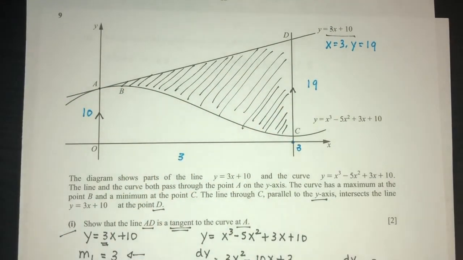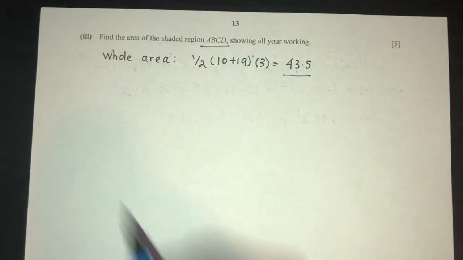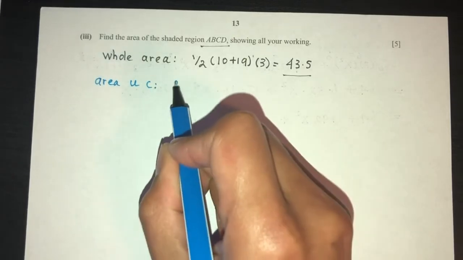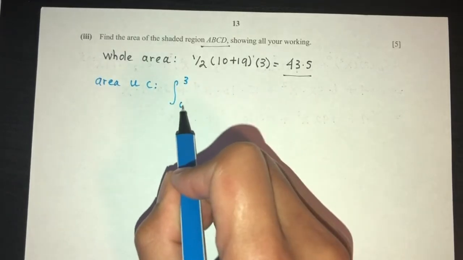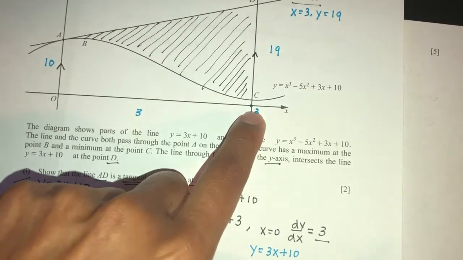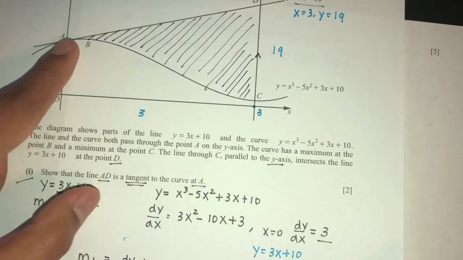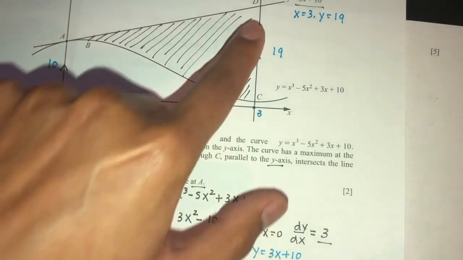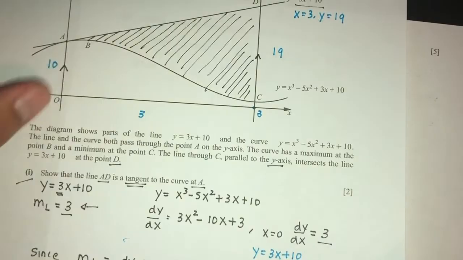So now we have to minus the area under the curve to find this area. So how do you find the area under the curve? We just have to integrate. So the area under the curve is the integration between 3 and 0. So according to your graph, here we have 3, and here we have 0. So we don't need the area under the curve, so we can minus this to find the area of the black region.